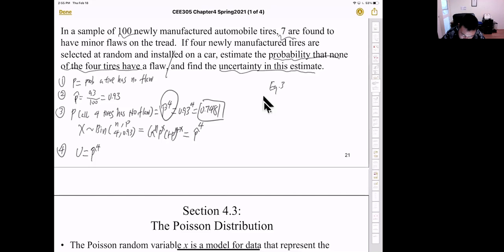That's equation 3.10 in chapter 3, which we discussed on Tuesday this week. So if U is a function of x, sigma U is equal to dU/dx times sigma x.